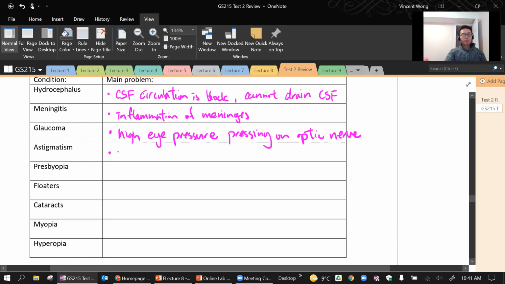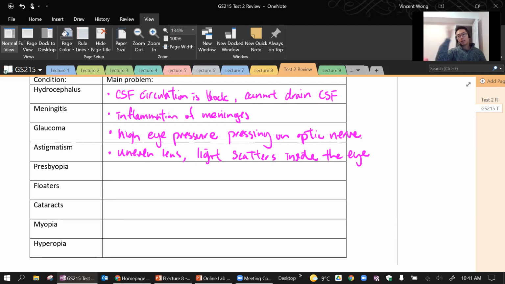Astigmatism. Okay, the main problem is an uneven lens. Light scatters inside the eye. So the image is going to be blurry, especially at night when it's raining.